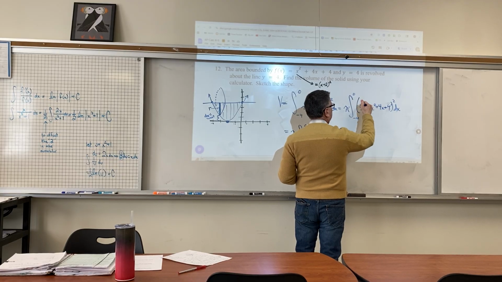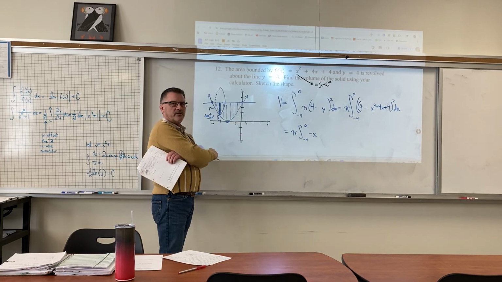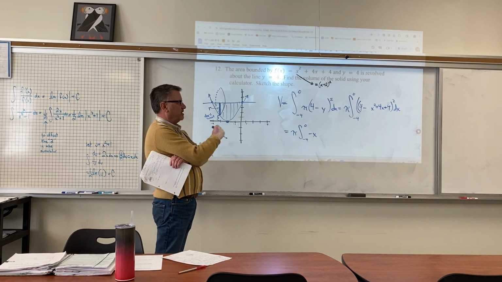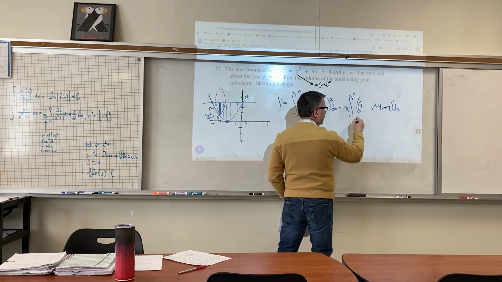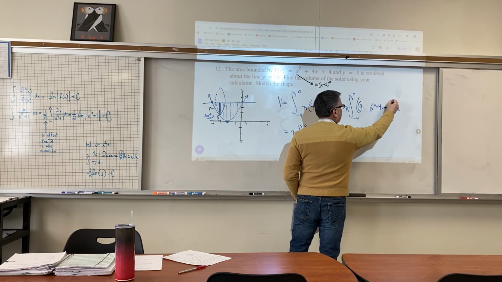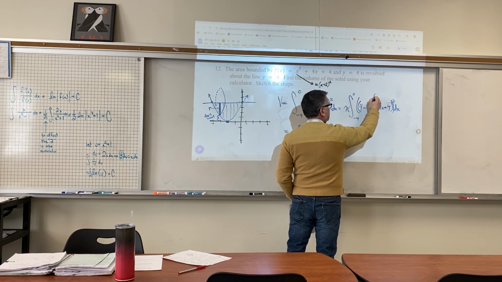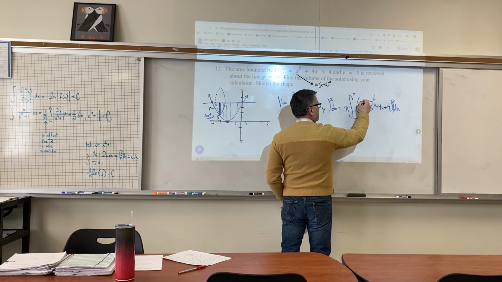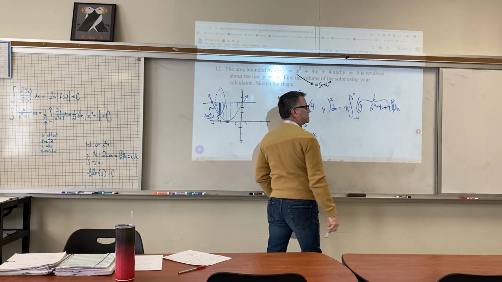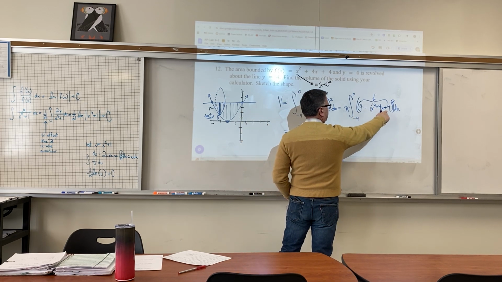I can cancel it because that is the radius, sorry. I gotta be careful writing the radius down. The radius is 4 minus that piece. And then I wanna square that. So this is all the radius, the whole thing. That's all the radius.